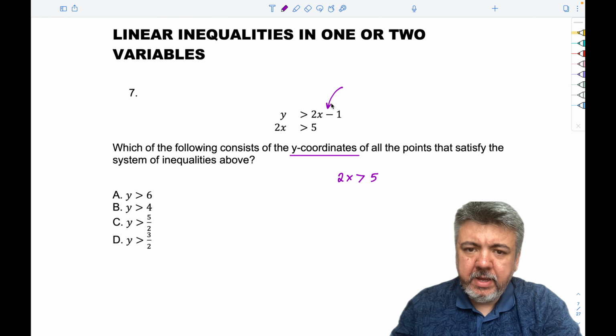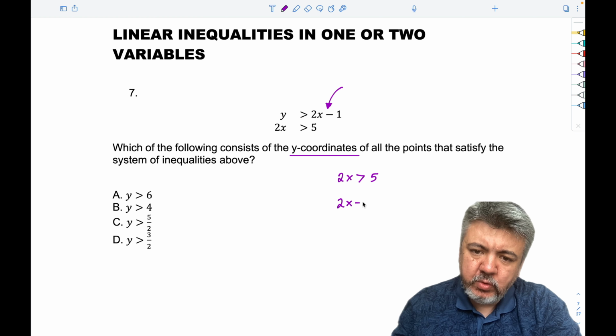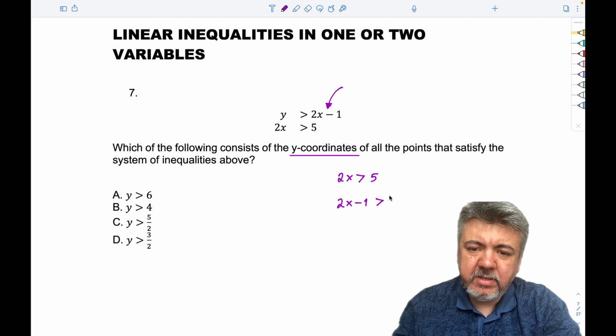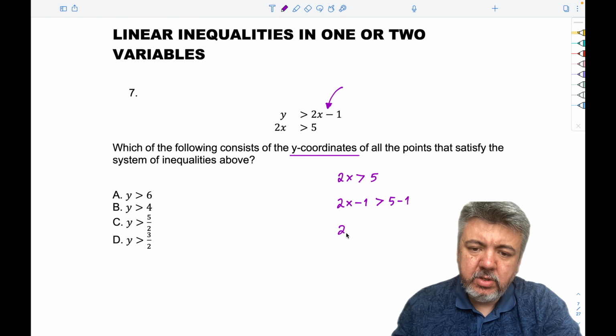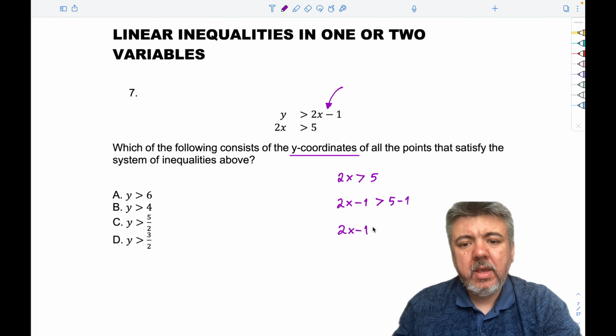I'm hoping to make it look like this one. 2x minus 1 is greater than 5 minus 1. Can I say that? I take away 1 from both sides. What is it now? 2x minus 1 is greater than 4.